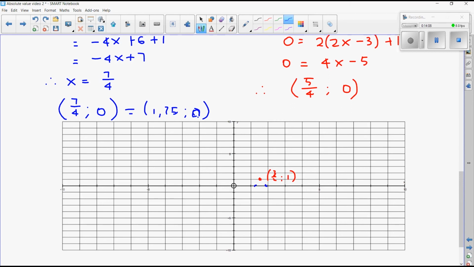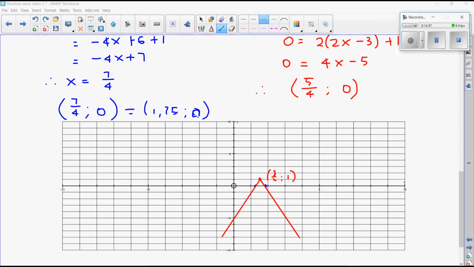So the x-intercepts are very, very close to your salient point with this graph. Sometimes when this happens, rather just choose a random point. Maybe substitute x equals 1 to get a better coordinate, or substitute x equals, say, 2 to get a better coordinate. But these are the points that I've plotted, so I'm going to now draw the graph.